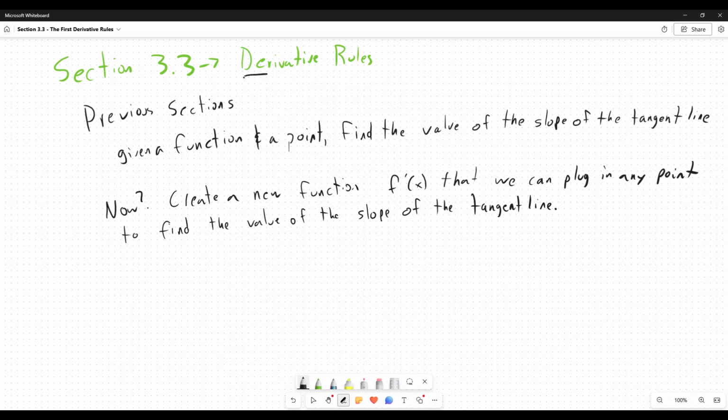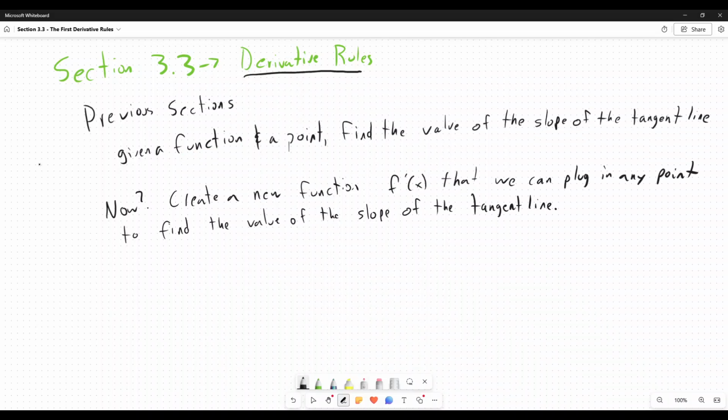So we're going to talk about derivative rules, which are the rules that are going to define finding some of these derivatives. Now, in previous sections, what was our goal? Our goal was, you give me a function and a point, and I can tell you the slope of the tangent line there.